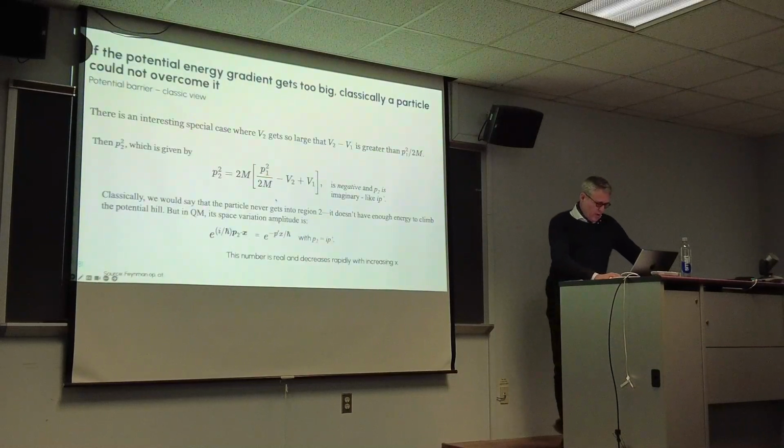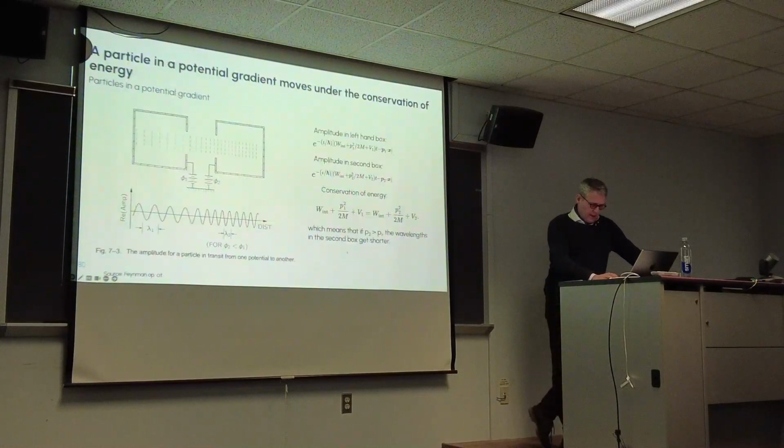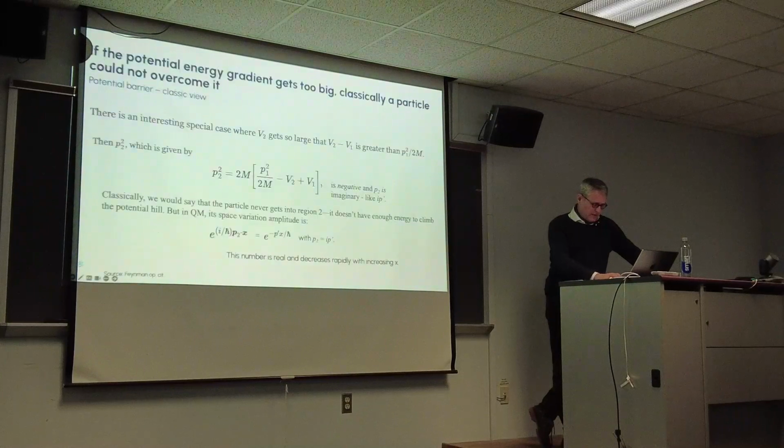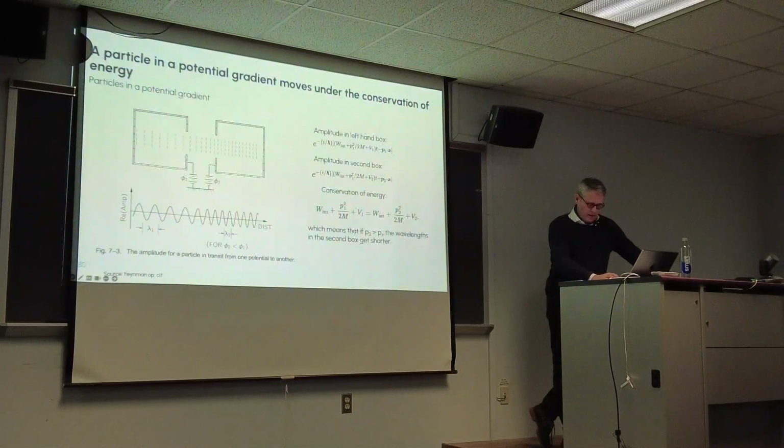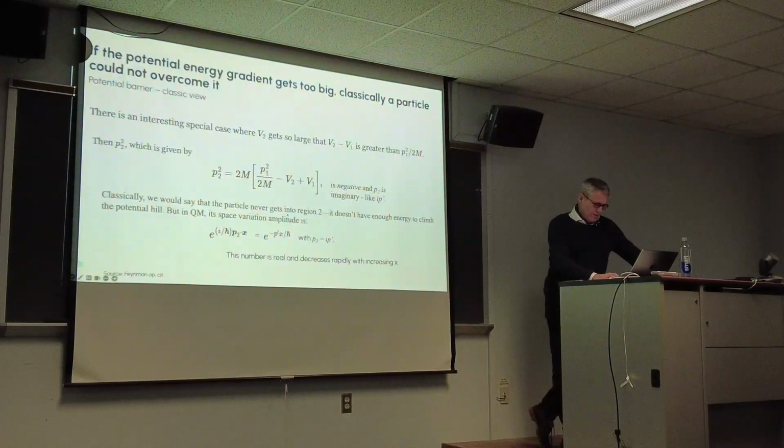And then we get this by just applying simple algebra, right? We have to multiply this by 2m and subtract V2. Then we get this equation, and now if this is greater than this, then this whole expression becomes negative.